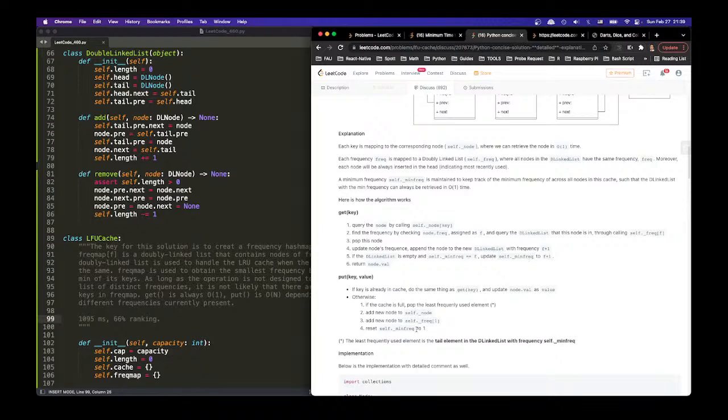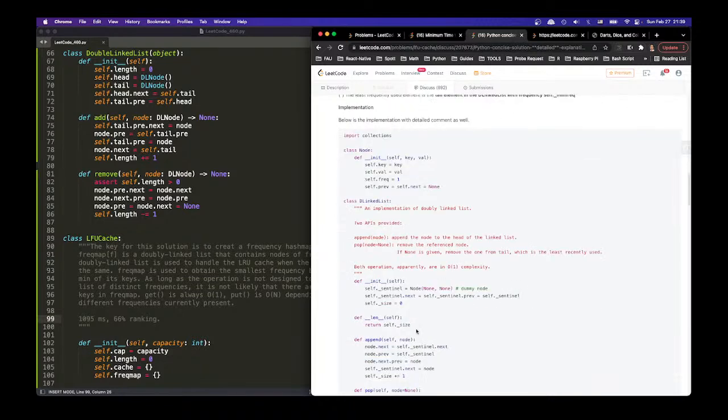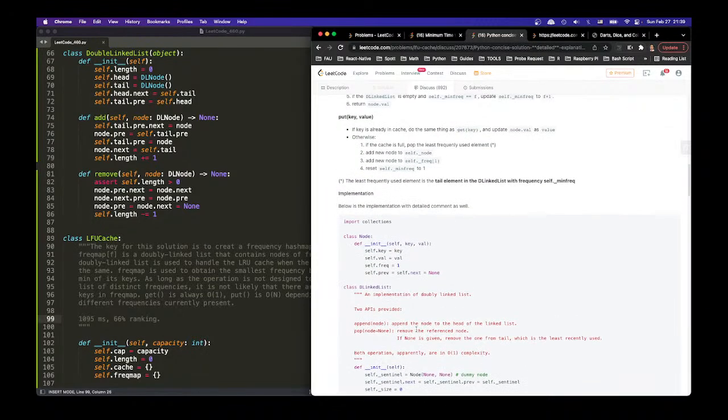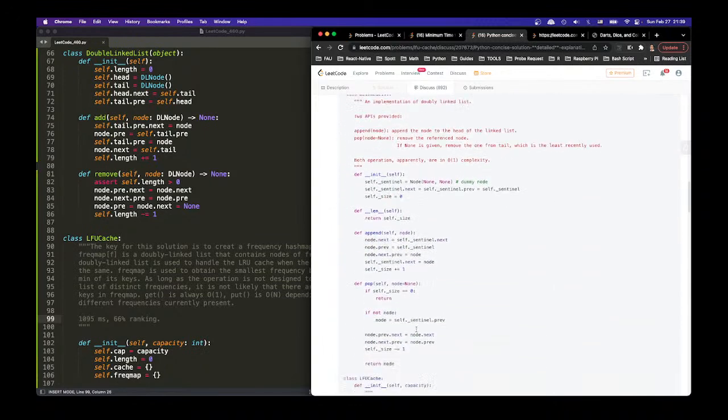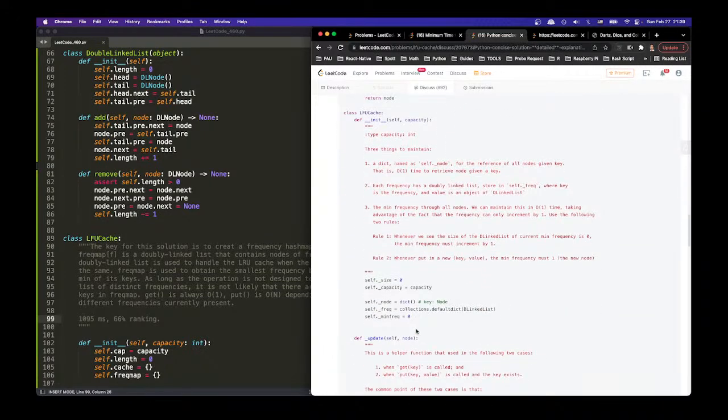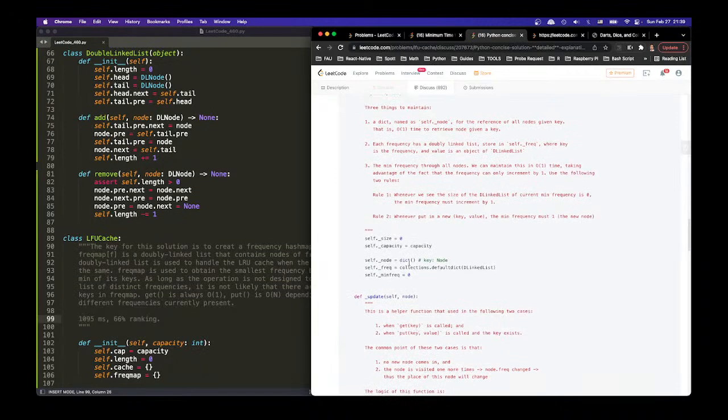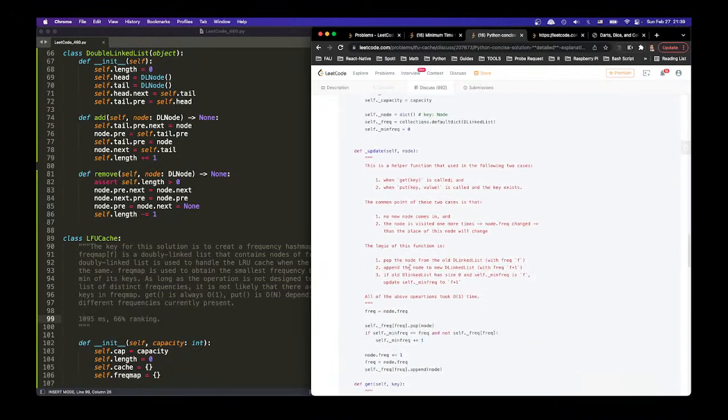Yeah, this is the part I don't understand. So what we need to do is, I don't have to check this, I need to check the cache, update.